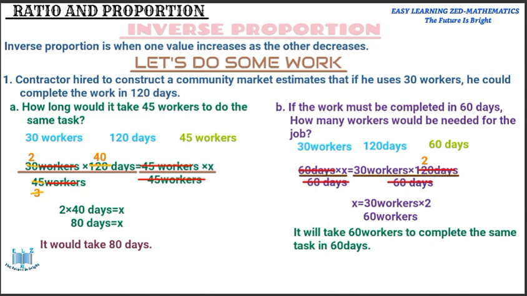If you look at question A, the number of workers was increased by half, then the number of working days was also reduced by half. So you understand that when one side reduces, the other side increases. Basically this is what inverse proportion is and how you solve questions that involve inverse proportion.